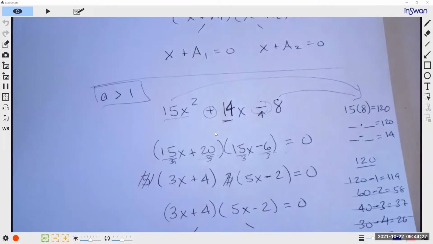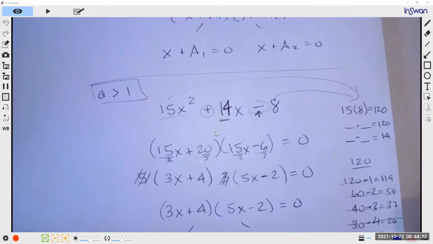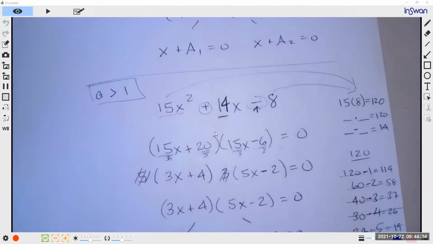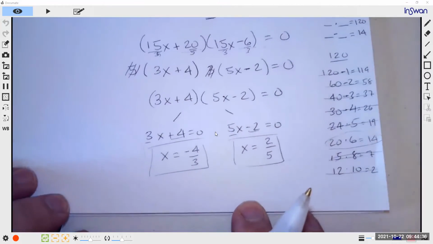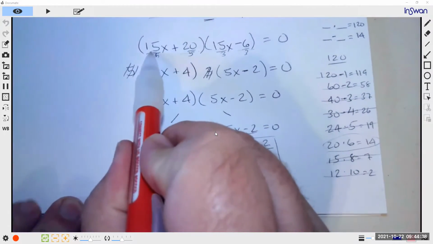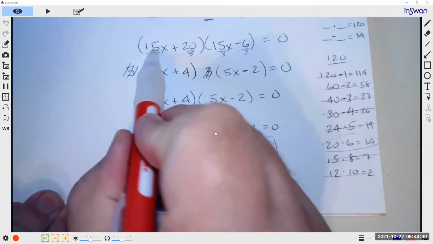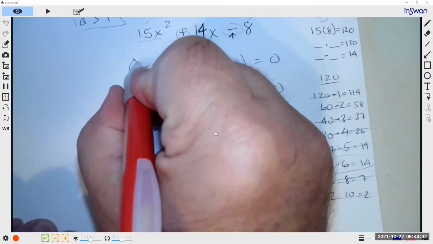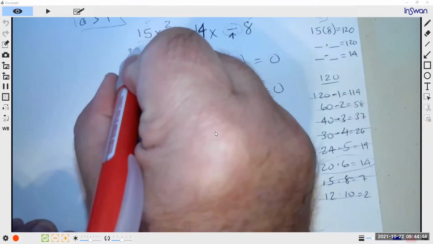Mister, yes, I have a question. How did you get the 5 where you divide it and the 3 when you divide it? Okay, that's a good question. So what's 15 made up of? 15 is made up of 3 times 5.